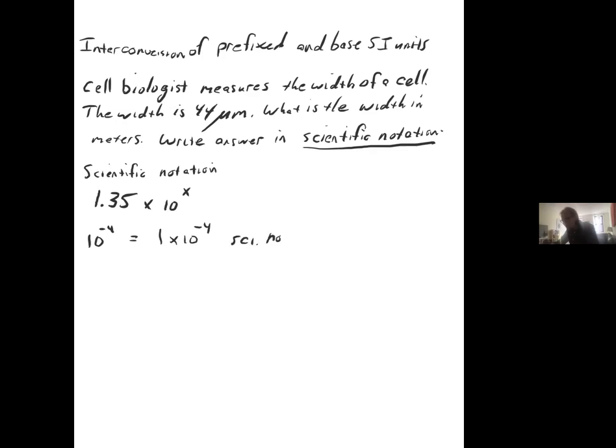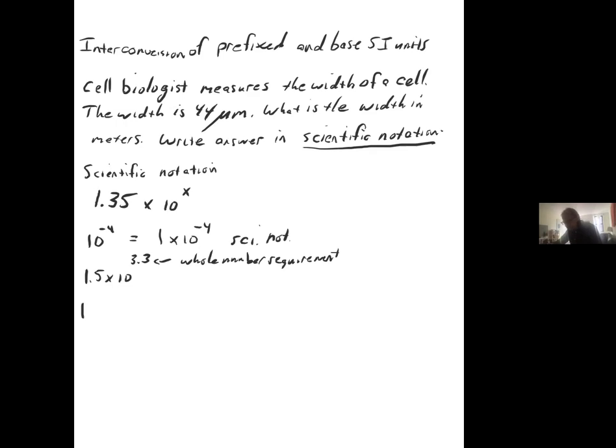Here's another example of something that's not scientific notation. 1.5 times 10 to the 3.3, okay? Now that is a number between 1 and 9 times 10 to the x, but this has to be a whole number. That's a requirement of scientific notation. You can't have a decimal number in the exponent, the number up there, okay?